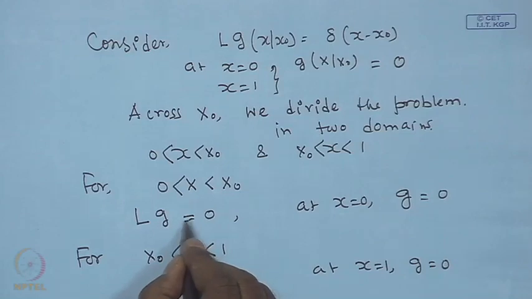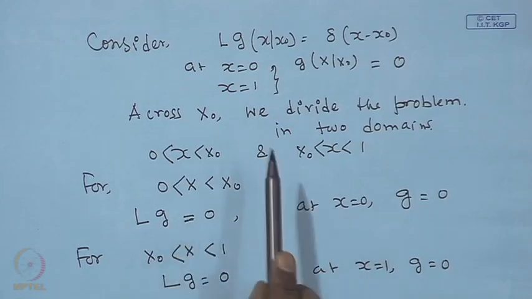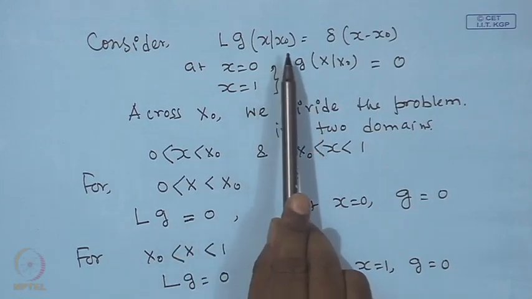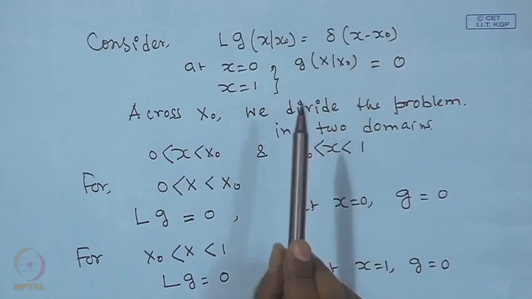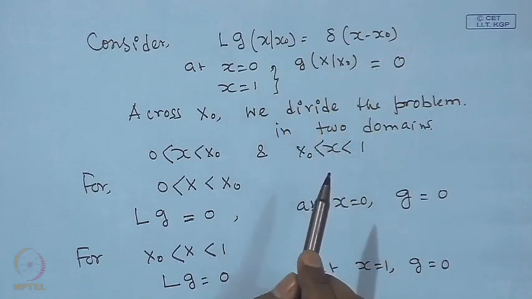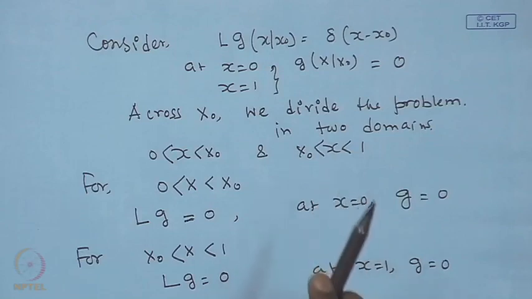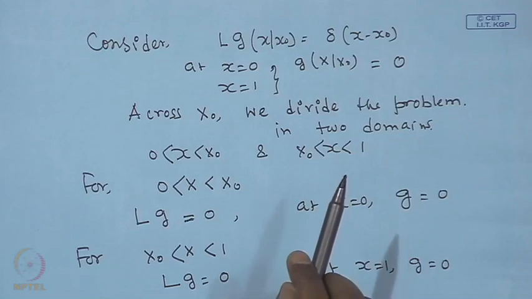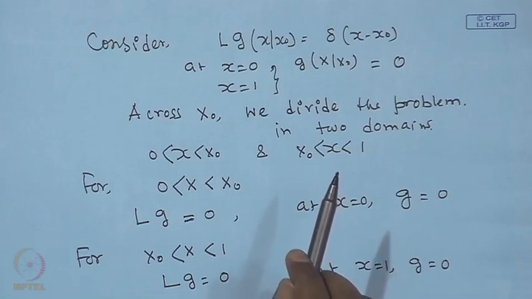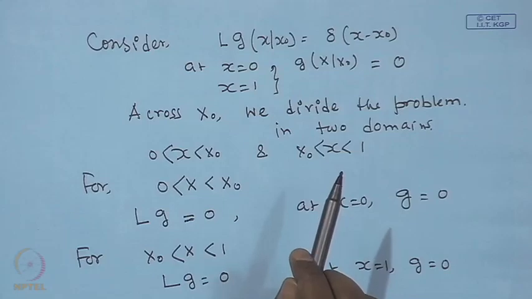Just see the formulation. L g x slash x naught is equal to delta x minus x naught. That means your Dirac delta function is imposed at x is equal to x naught. If you look into the property of the Dirac delta function, at x is equal to x naught it has a value 1, and for every other x which is not equal to x naught, its value is 0.